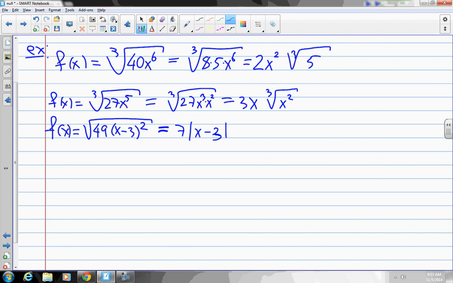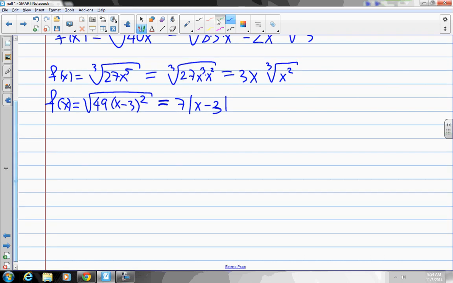For example, if I put x equals negative 5 into the first function, it's the square root of 49 times negative 5 minus 3 squared, which is the square root of 49 times negative 8 squared.